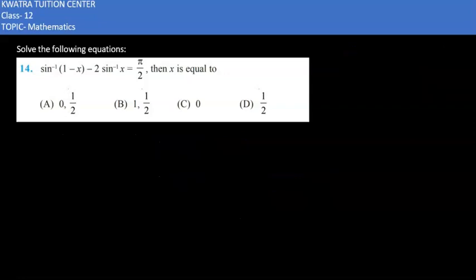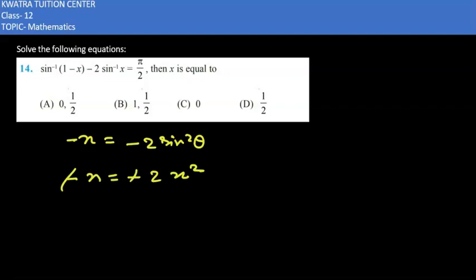Then we will have minus x is equal to minus 2 sine square theta, and sine square theta we have taken as x, so this will be x square. Minus and minus will be cancelled. Therefore we have an equation which is 2x square minus x is equal to 0.